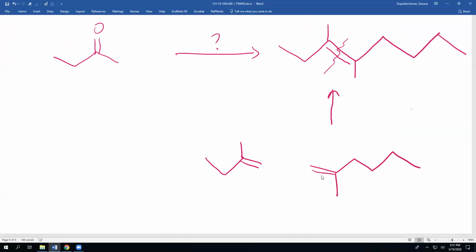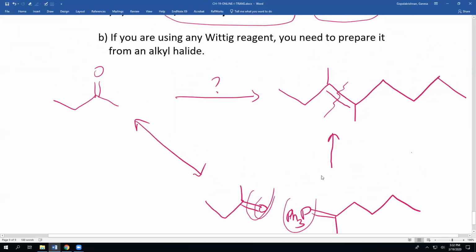You can have one as a ketone, which is given here. The other one is actually the Wittig reagent. If you have these two, you can make the product. It is pretty simple.